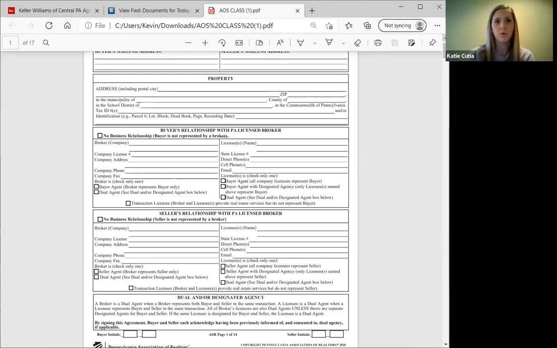Now I was told, on the left side under the broker, not the licensee, but the broker side, that if we are both agents with the same office, that's dual agent. Oh, yes, under the broker side. Okay, so in that case we would select the dual agent with designated agency on the left side under the broker area.